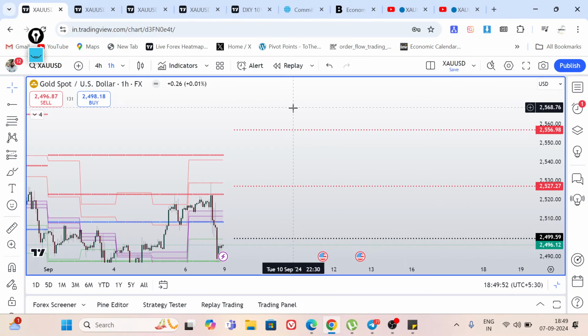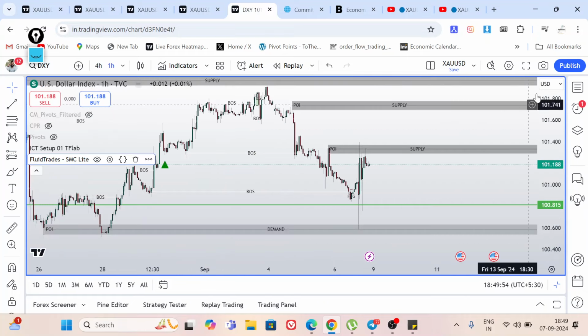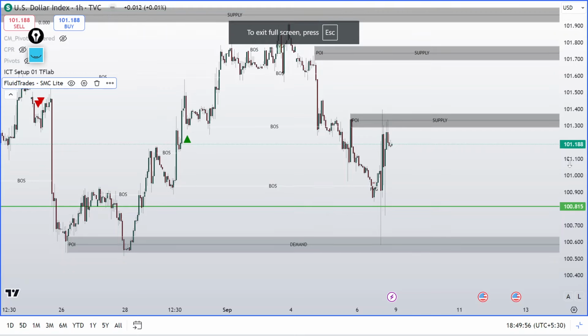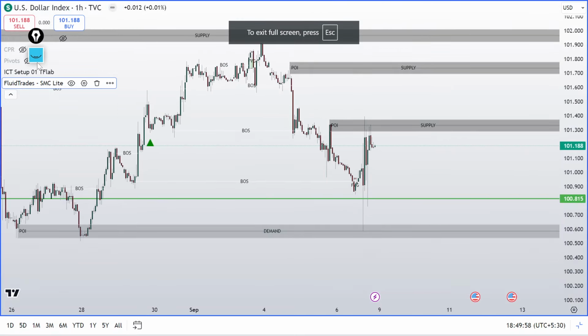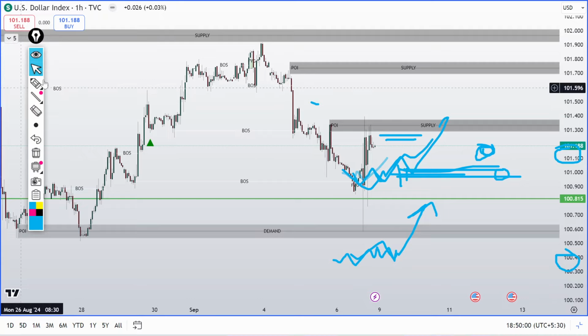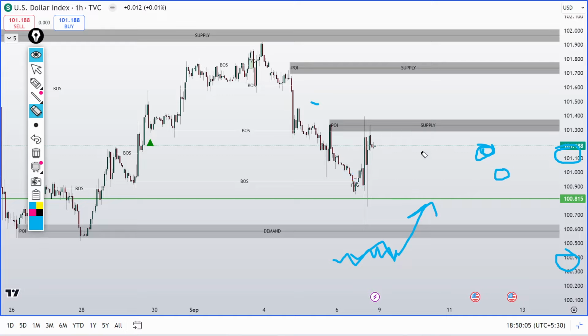Now let's move on to the DXY, or the dollar chart, and as you can see, the dollar is currently taking support on this demand area right over here.